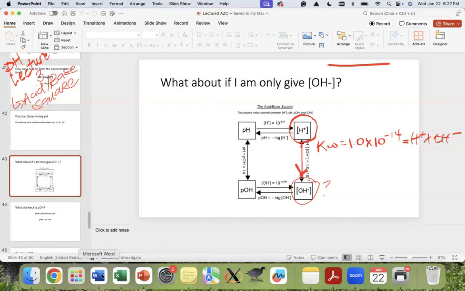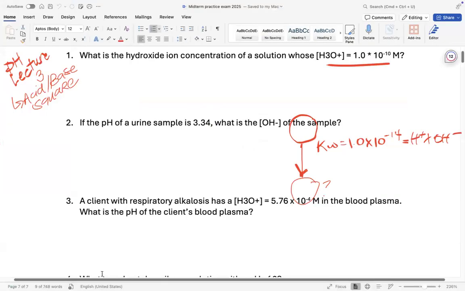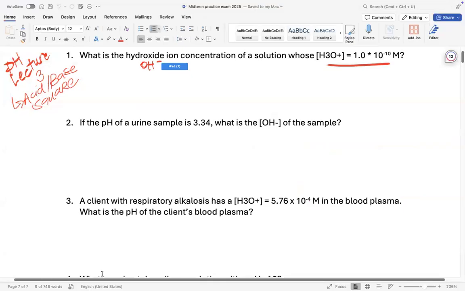So when I go back, right? So the hydroxide, that means OH. So I need to use this KW formula where 1.0 times 10 to the negative 14th equals H times OH. And so since I'm given H3O plus, which means the same as H plus, I'm going to plug that in here and then solve for OH.